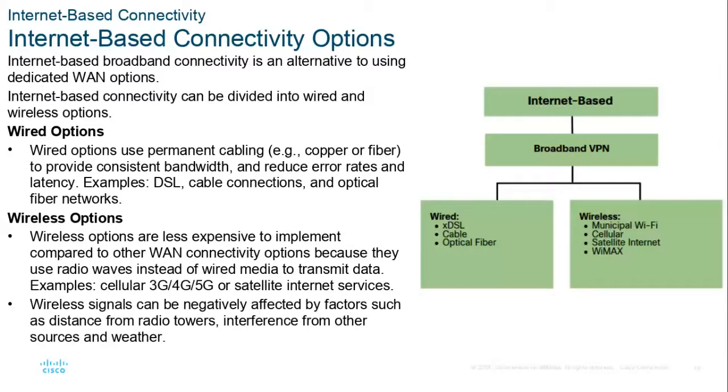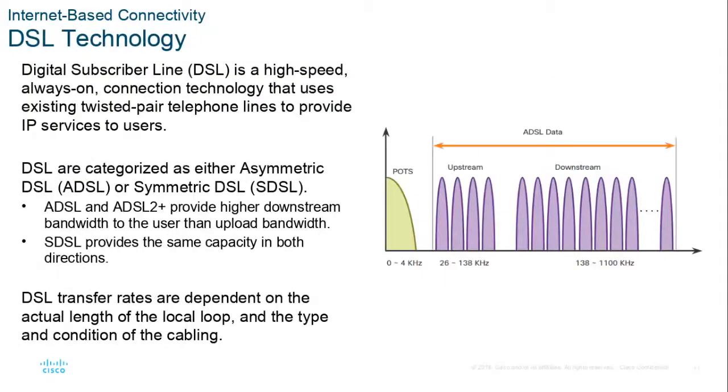DSL technology is what I had for many years, starting about 20 years ago. It's always on. It uses the upper frequencies in a phone line that the voice doesn't use. The consumer version is called asymmetrical DSL because it's like 5 gigabits down and 1 gigabit up. That's perfect for browsing the internet because you want to download gobs of stuff, and the only thing you want to upload is the occasional request for a download.